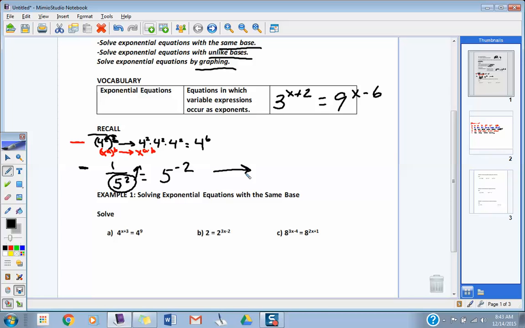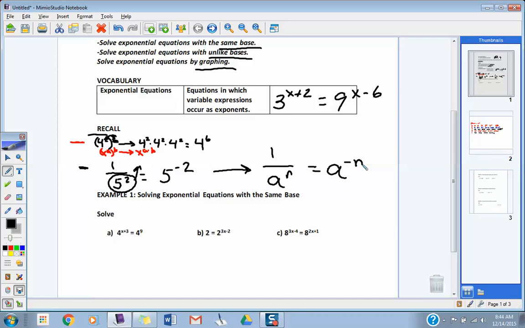If you ever have 1 over a to the n power, where a is a number and n is a number, this is going to become equal to, if I move this a to the n up top to the other side, instead of having a positive n, you have a to the negative n power.